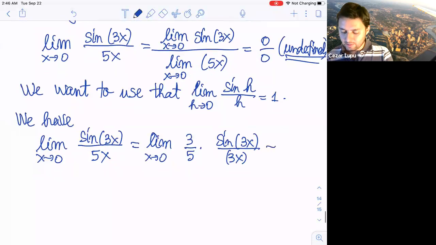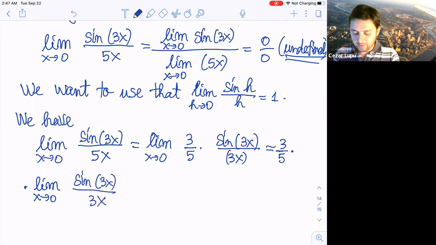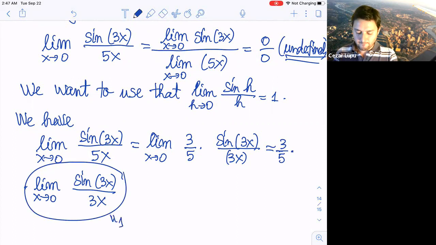This is a constant, so it will go outside the limit. So this will be 3/5 times the limit as x approaches 0 of sine of 3x over 3x. But this is 1. And this will be 3/5 times 1, which is 3/5.